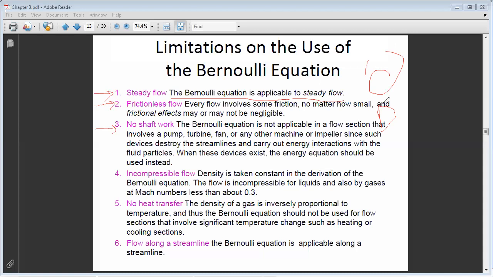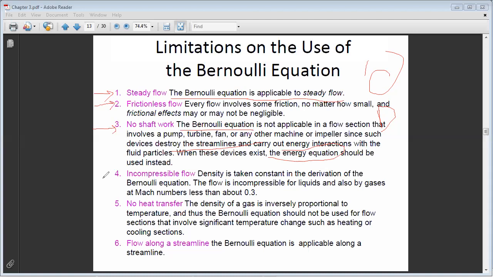You have fans that are rotating, and these devices then will destroy the streamlines. So you don't have smooth streamlines along which to apply the Bernoulli equation. So when these devices exist, we should modify the Bernoulli equation. We should not use it as it is. We will use the energy equation, which will be derived in future chapters.